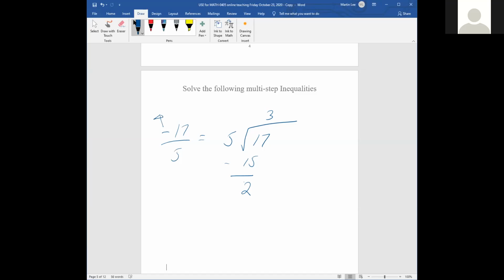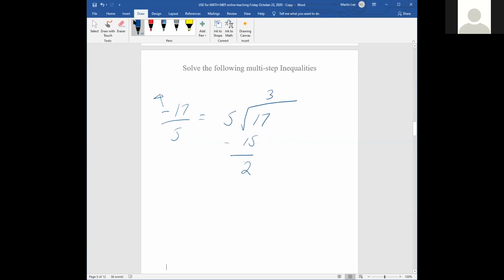Now when I want to take this and write it as a mixed number, the 3 is called the quotient, 2 is my remainder, and 5 is called your divisor.